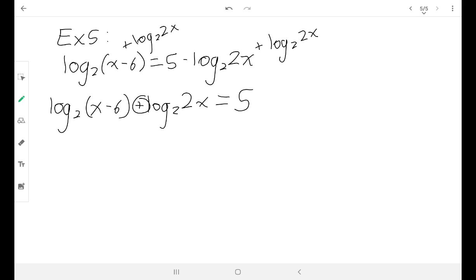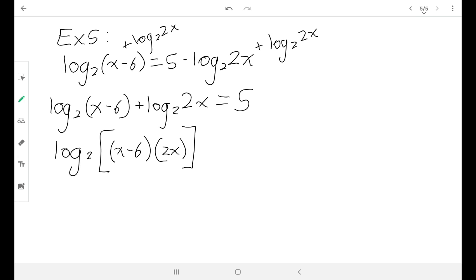Now I'm adding 2 logs of the same base here, which means I can condense them into one big logarithm where I am multiplying those 2 parts, which will be a distribution for me. I can distribute to there and there.